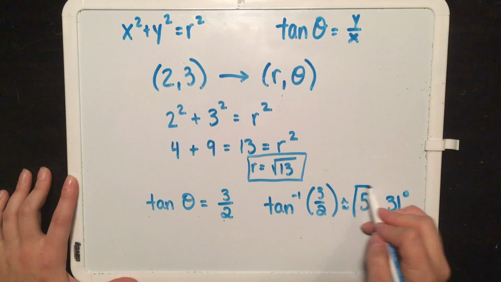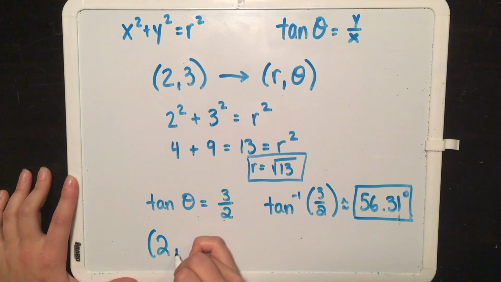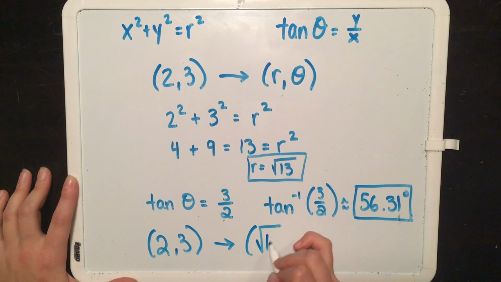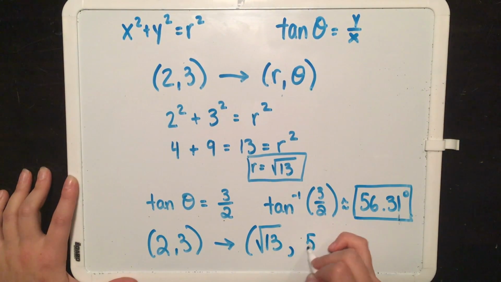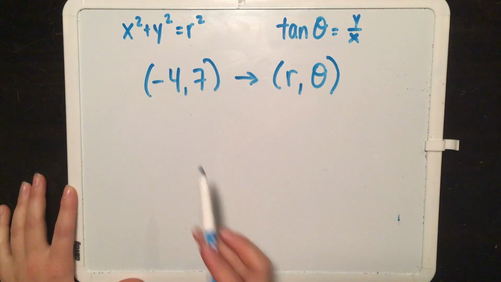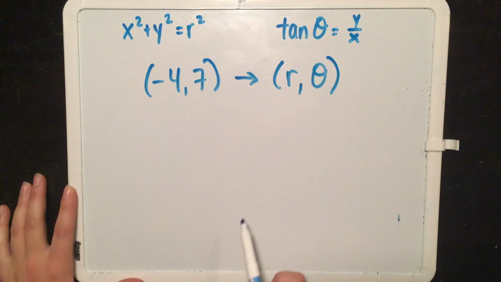So that's going to give us our theta. So (2, 3) in polar coordinates is root 13, 56.31 degrees.